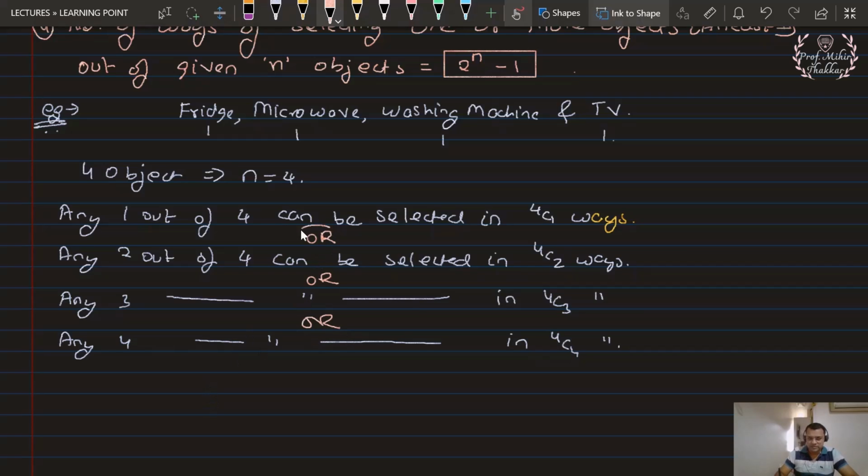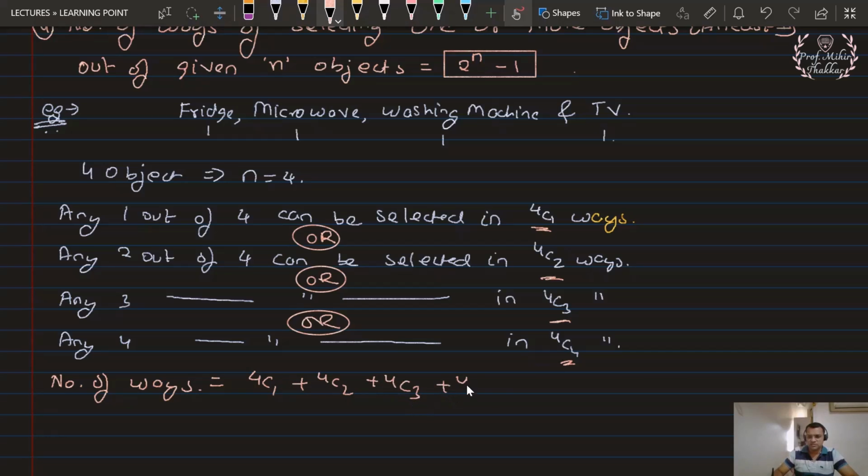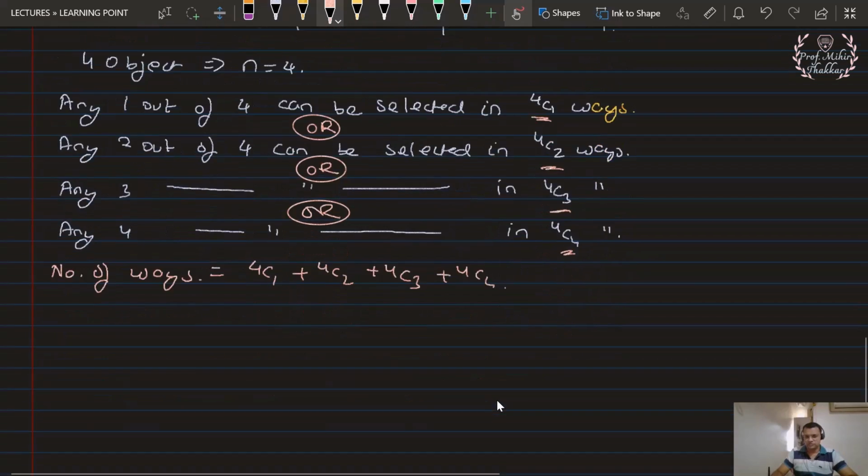So whenever there is the word or in between the different events, what do we do? We always add the possible values over here. So the number of ways is 4C1 plus 4C2 plus 4C3 plus 4C4.